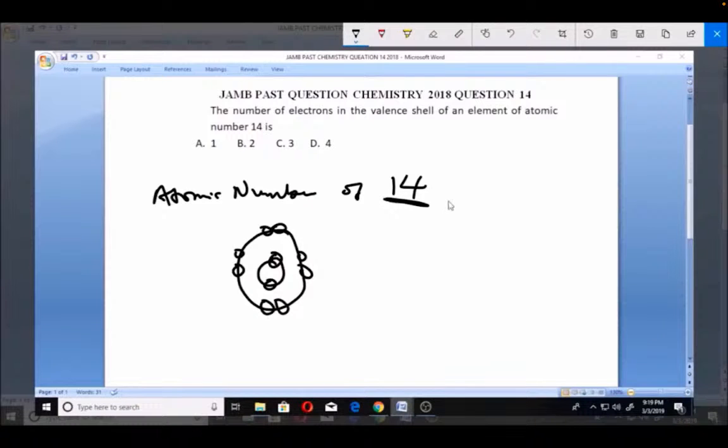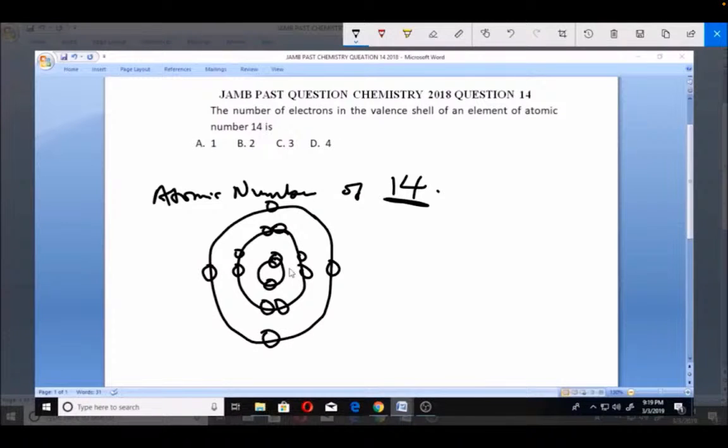But is it up to the atomic number here? Yeah, it's 14. So we have 1, 2, 3, 4, 5, 6, 7, 8, 9, 10. So it's still 10. So we have to have another electron shell, but this time around it will not be up to 8 because what is remaining is just 4. So we have 1, 2, 3, 4.